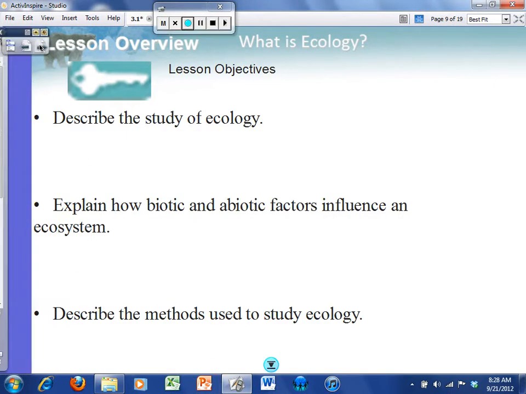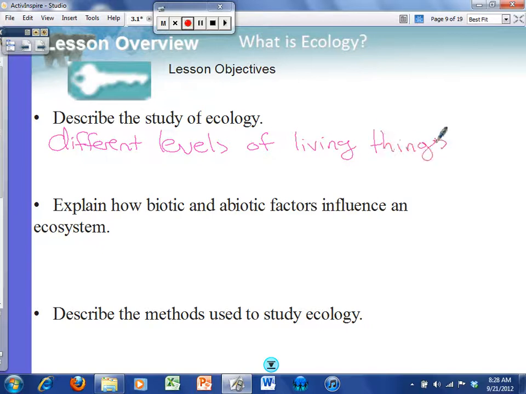Coming back to our overview, flip back to that if you've got it written down, or just look at it. So study of ecology. Go ahead and mark down what we're studying. What I remember, studying ecology, I know we're studying different levels. So with this, I'm thinking the individuals, the populations, the communities, there are different levels of living things.